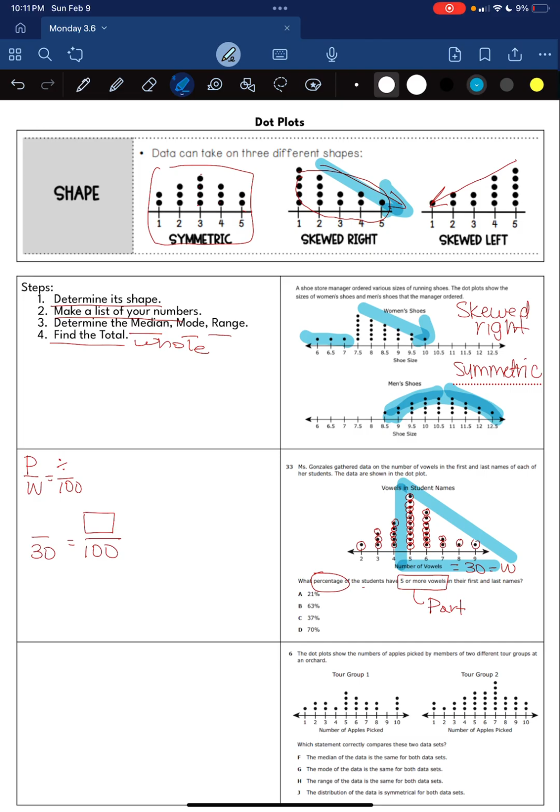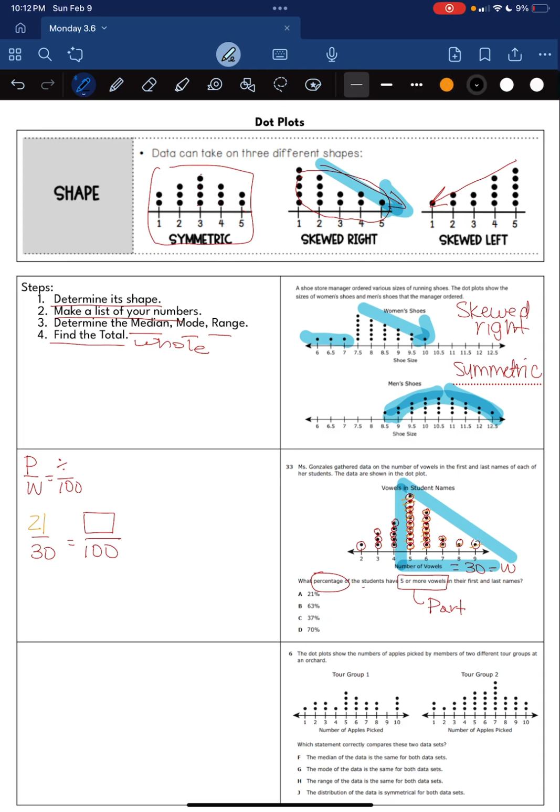So I'm going to go back and count how many are 5 or more. 1, 2, 3, 4, 5, 6, 7, 8, 9, 10, 11, 12, 13, 14, 15, 16, 17, 18, 19, 20, 21. So I know that there are 21 out of 30 that have 5 or more vowels in their name.